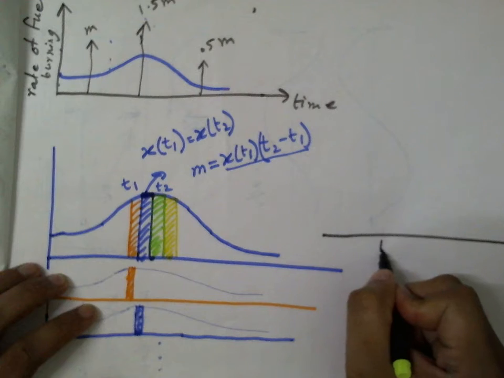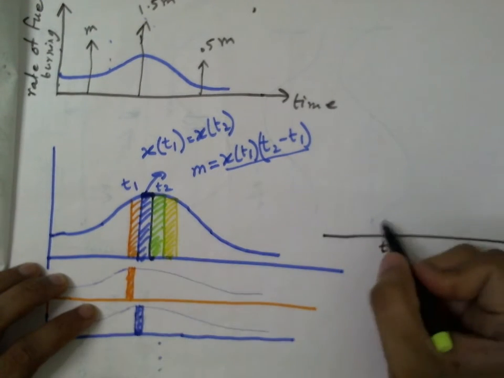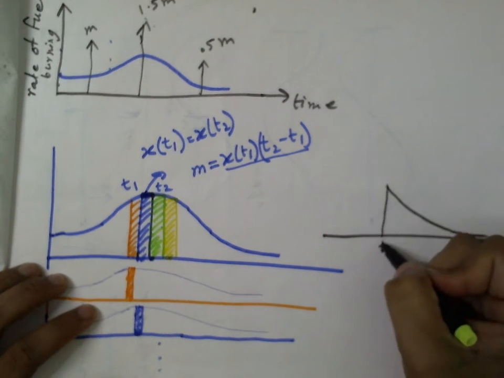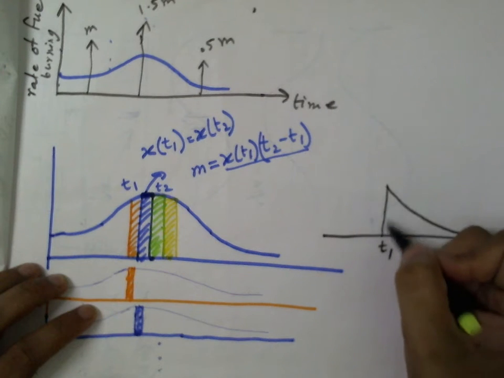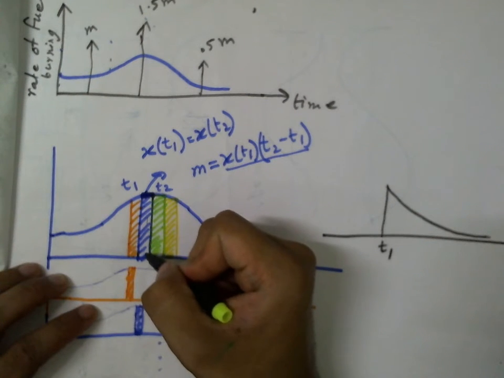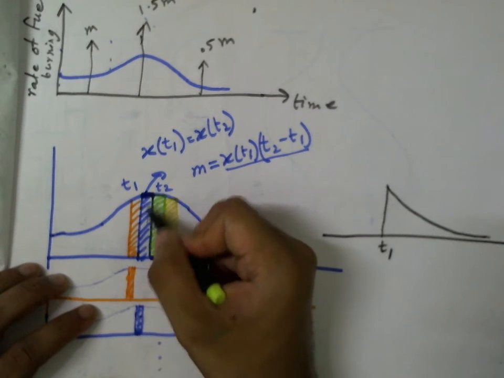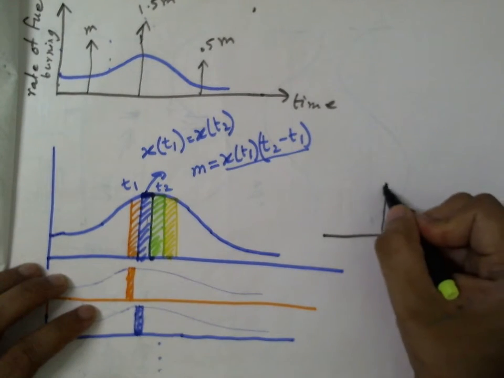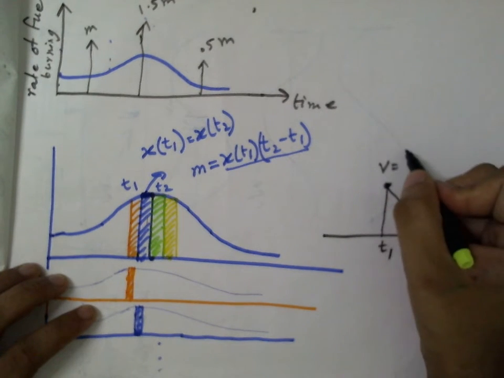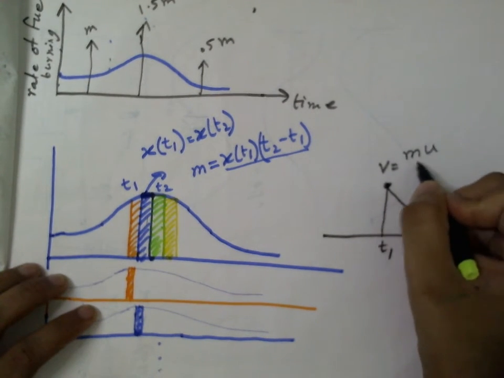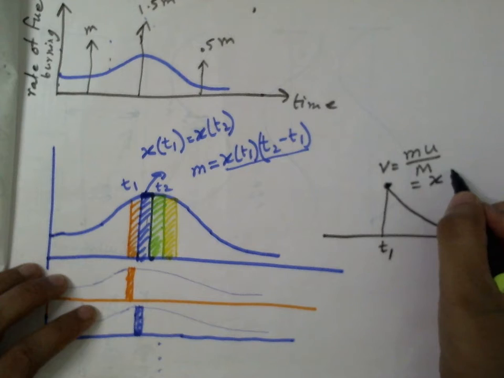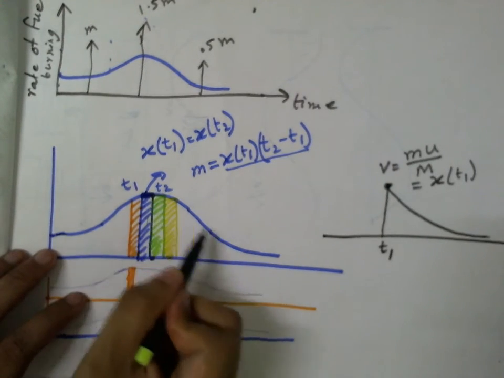okay, so this is T1, the response to this function will again be exponential, and what will be the height here? This height will be proportional to the area under this curve, that means proportional to the total amount of gas being burned, because we know that this height V is equal to mu by M, and where this m is equal to x(T1), where x is this curve as a function of t.